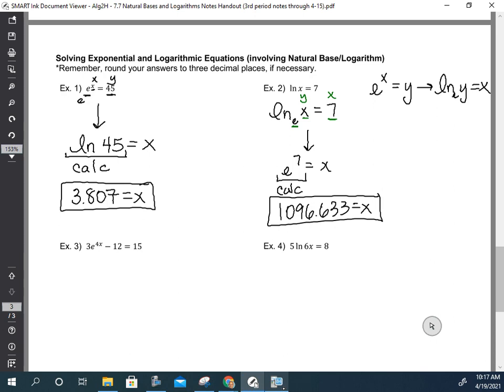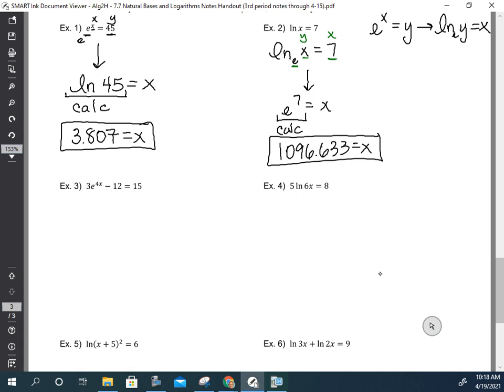Any questions, examples 1 or 2? All right, so basic rewrites are not an issue.